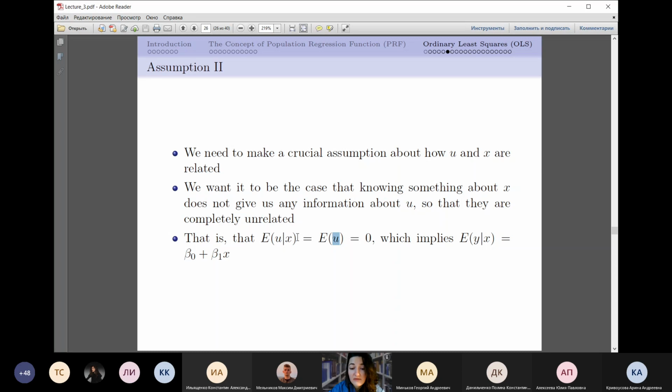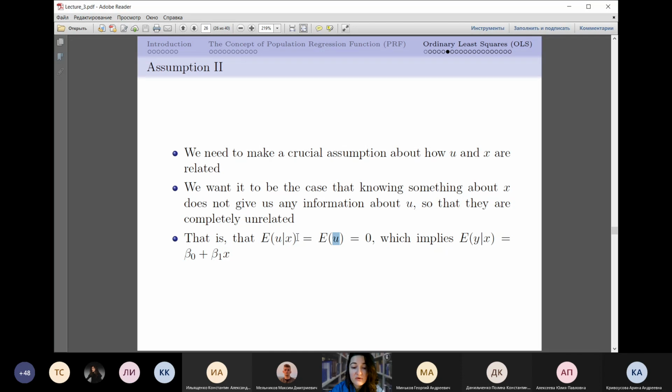So the average ability for the group of all people with 8 years of education must be absolutely the same as the average ability among people with 16 years of education or more. This assumption means that the average ability level must be the same for all educational levels.